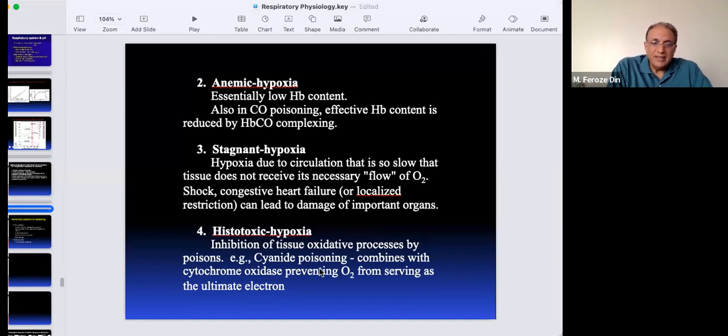And finally, it is a histotoxic hypoxia that maybe everything is working, but you can't use that oxygen. So that is starving amidst plenty, and this is the oxidative poisoning, poisoning of the oxidative enzymes. Cyanide, for example, it poisons or it binds and paralyzes the cytochrome oxidase, and this then results in the person not able to utilize oxygen despite everything else being normal.